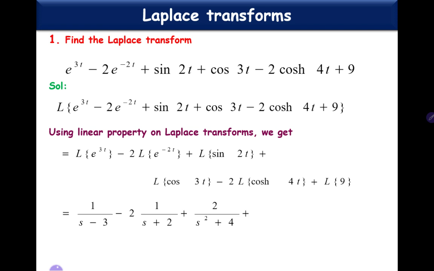Laplace transform of e power 3t is 1 by s minus 3 because Laplace transform of e power at is 1 by s minus a, and in place of a we have 3 here.